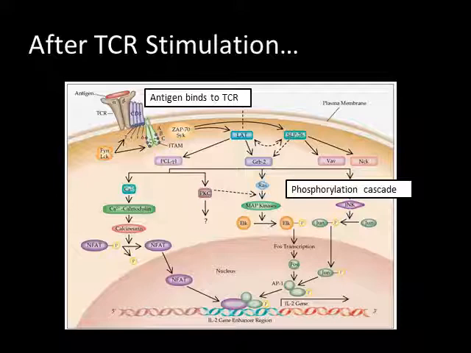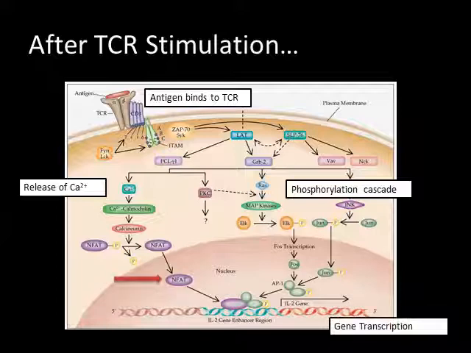Then IP3, a ligand which will bind to the ER membrane, which is a ligand-gated channel, and since this is a ligand-gated channel, once opened up, will allow for the release of calcium into the cytoplasm. And what will happen is calcium will participate in a series of reactions activating the NFAT, which is a nuclear transcription factor, and initiate transcription to allow the T cell to differentiate into a helper T cell.